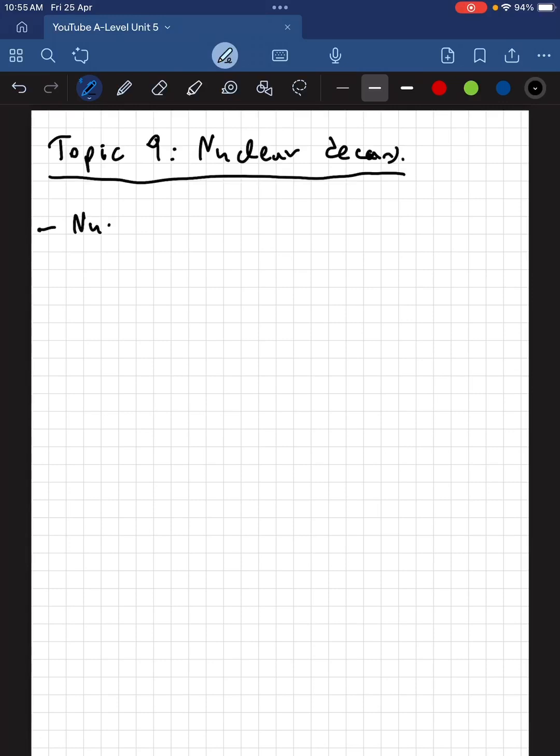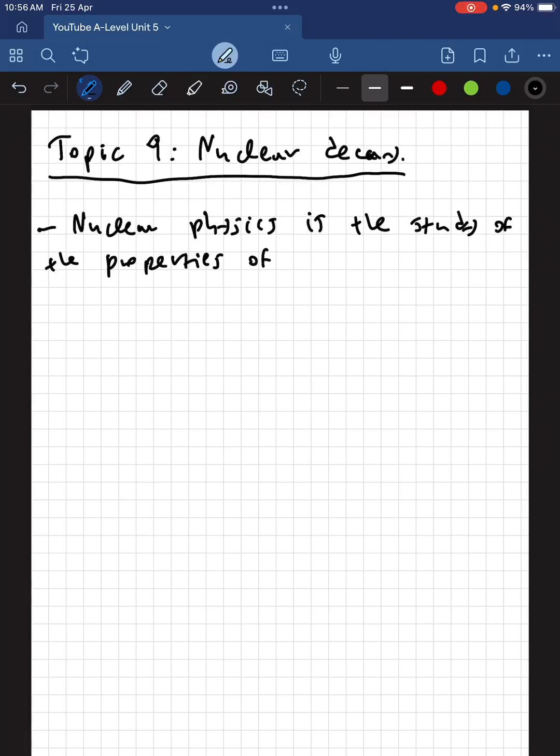So nuclear physics is the study of the properties of the nucleus of the atom.